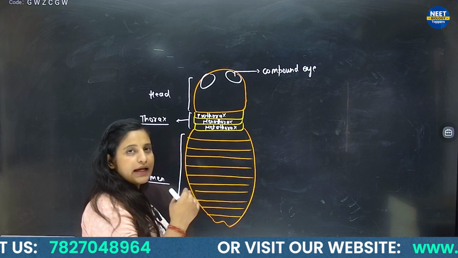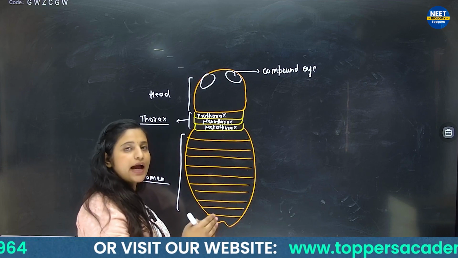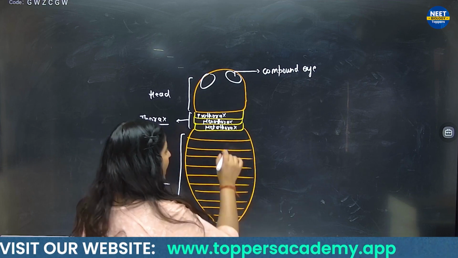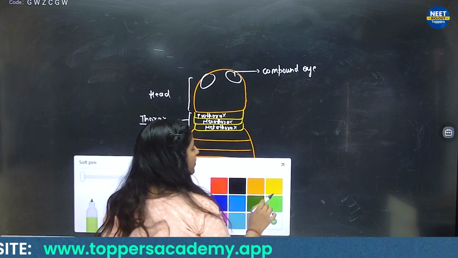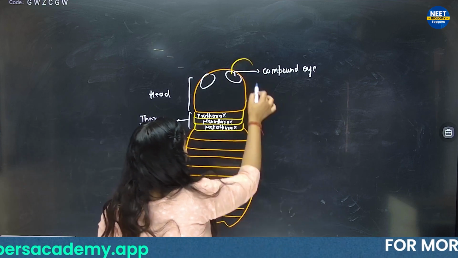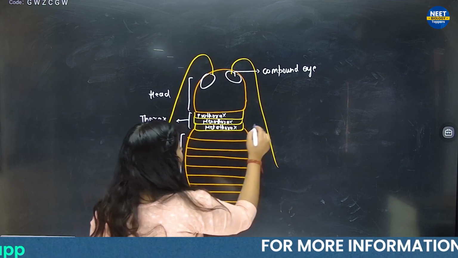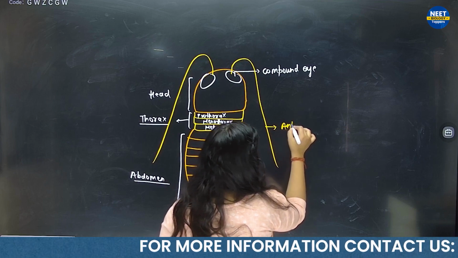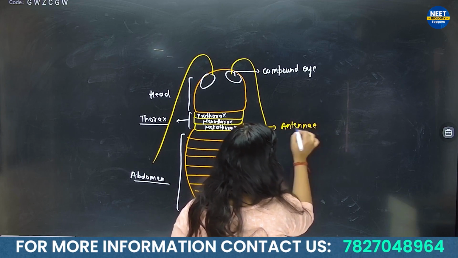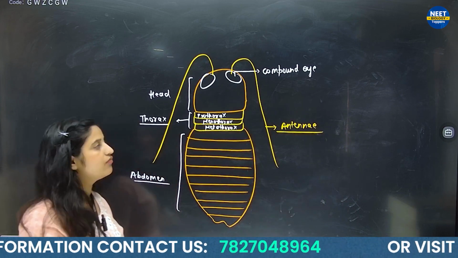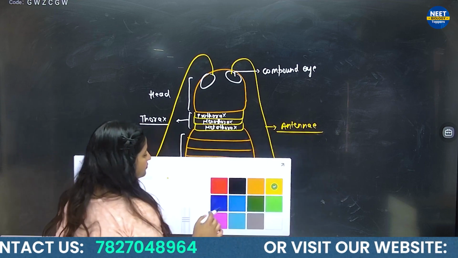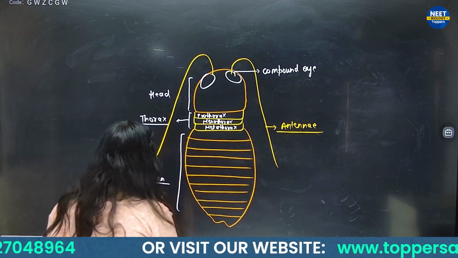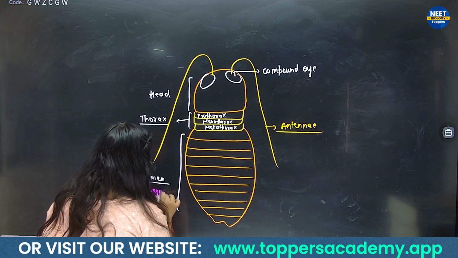The compound eye is responsible for vision, which we will discuss. And from the head part, one pair of antennae is attached. The function of antennae is helping in monitoring the environment. Next, in their abdomen, total 10 segments are present.